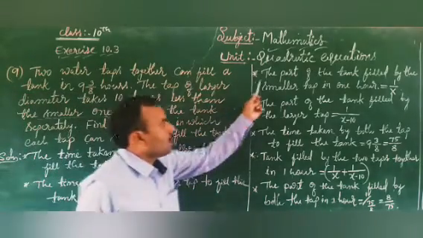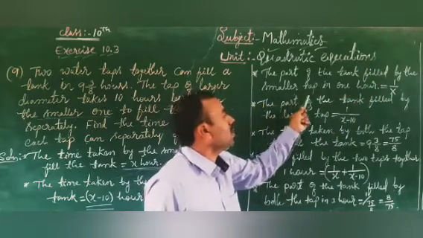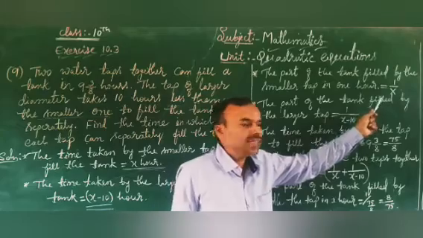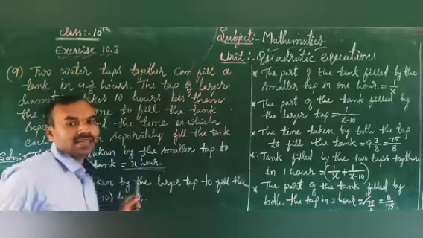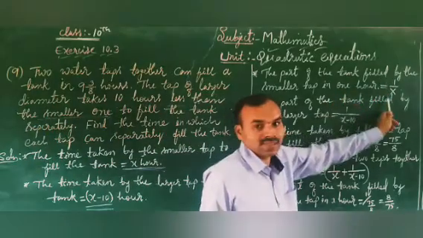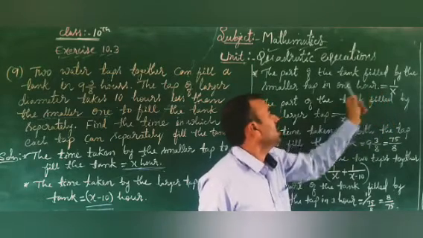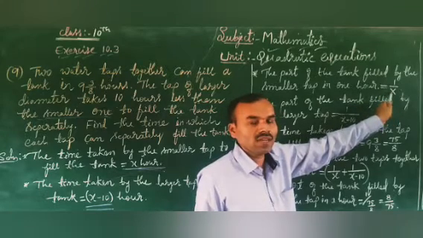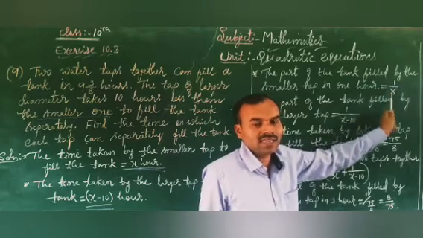Next, the part of the tank filled by the smaller tap in 1 hour. It takes x hours, so in 1 hour it fills 1 by x. In 2 hours, 2 by x; in 3 hours, 3 by x.